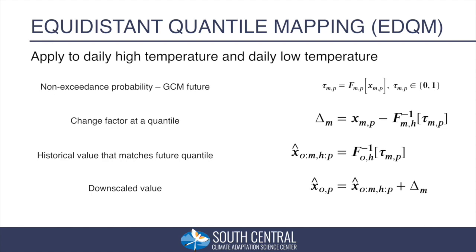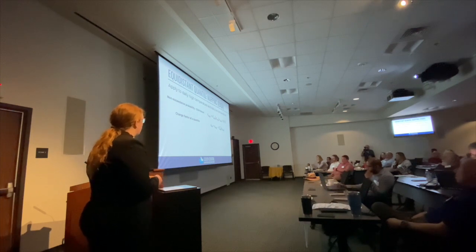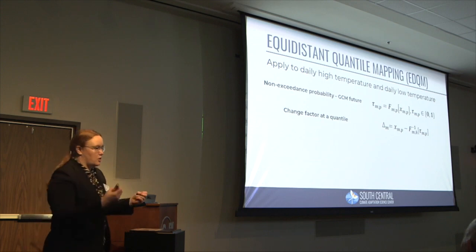Based upon that, we can then say something about what is the change factor at that quantile we're just looking at. So we can take the future value from the GCM, which we know the quantile for, and look using the inverse cumulative distribution function of the model's historical period for the same quantile from the future period, and get for ourselves a change factor at each quantile.